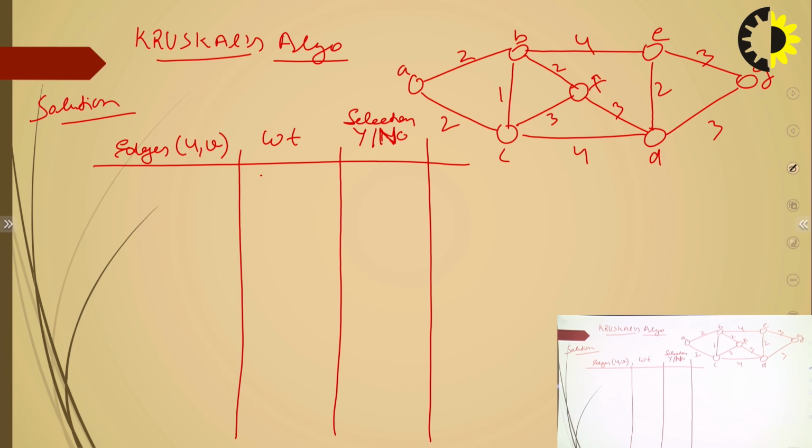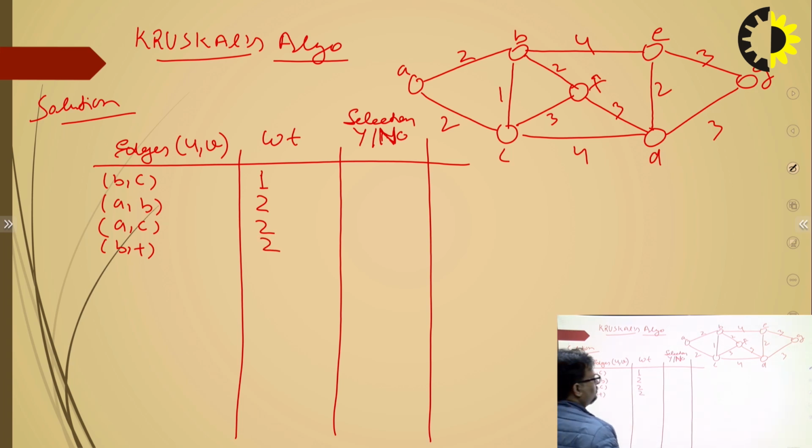We will arrange all edges in increasing order. First B comma C, which has value 1. Then A comma B 2, A comma C 2, B comma F 2, and E comma D 2.